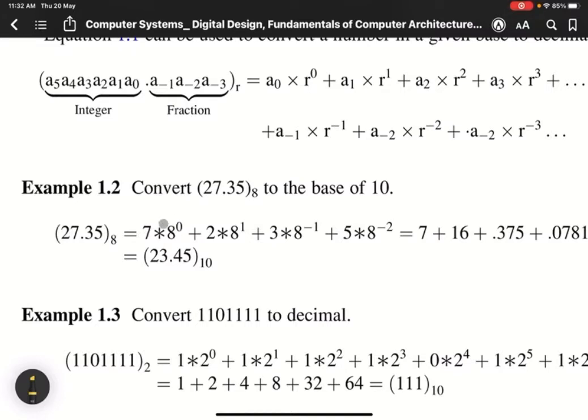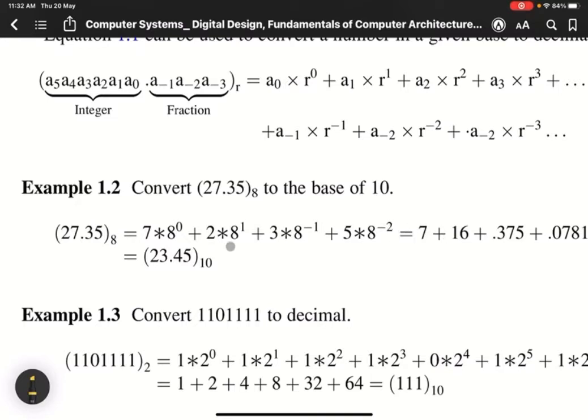Because 7 is in the ones position. 2 is in the tens, it is 20, so we multiply 8 to the first power. For the decimal, we will also add, but with a negative exponent. So 3 times 8 to the negative 1, because it is in the first position, and then the second position, 5, so 8 to the negative 2 power.